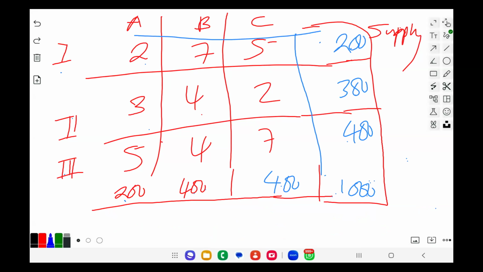I've got a question. In business practice, who formulates this table? Is it the supplier, the producer, or the team? Observe that the table has data both from the supply and the demand side. It's an analyst who does this, or the operations officer.